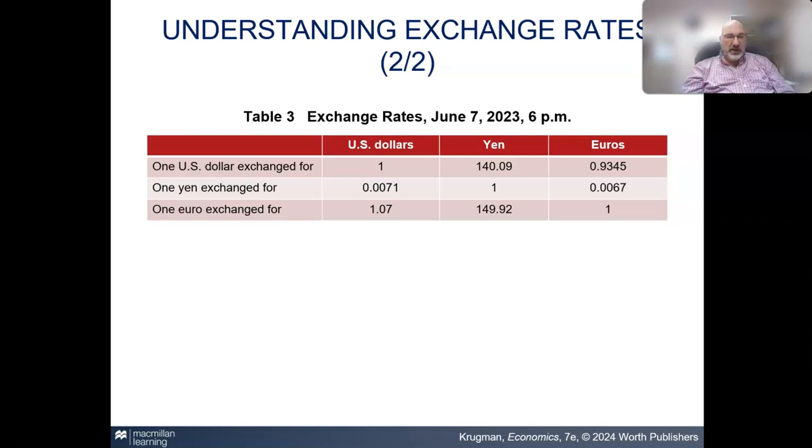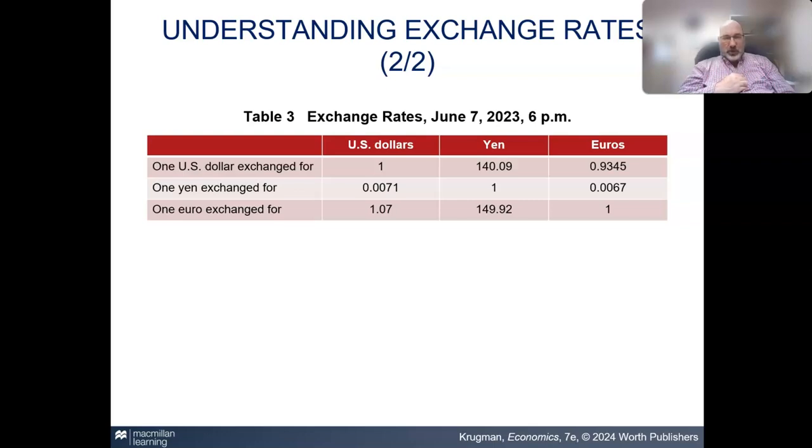So here's a rate table for the dollar, the yen, and the euro, June 7th, 2023 at 6 p.m. So the dollar was worth 140.09 yen. I guess they use cents.